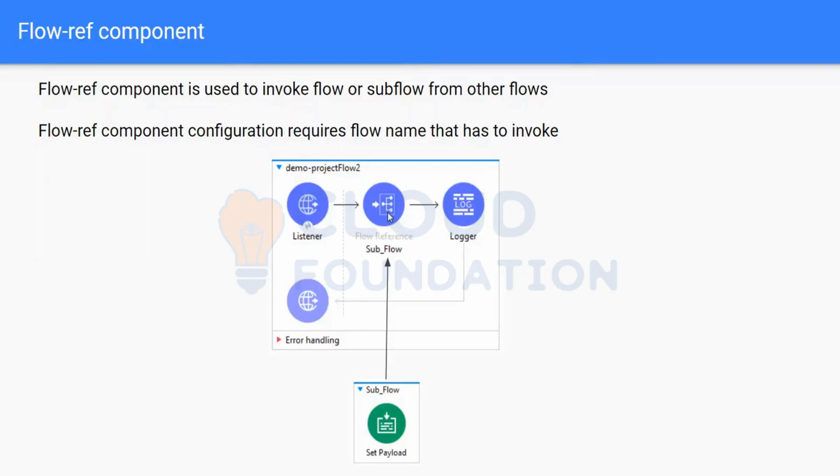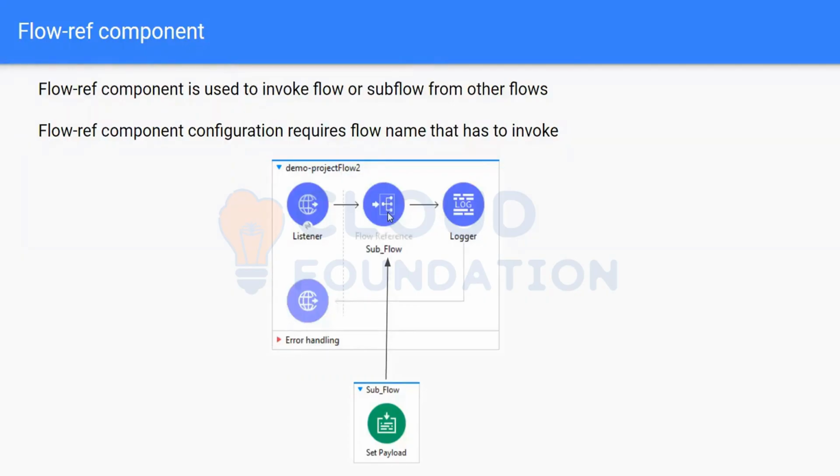So after the flow reference, the flow looks like listener, set payload and logger. You can visualize the flow, right? The listener and the set payload replace the flow reference, and then the logger.